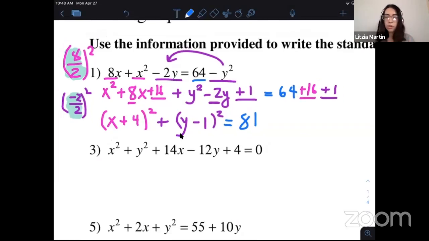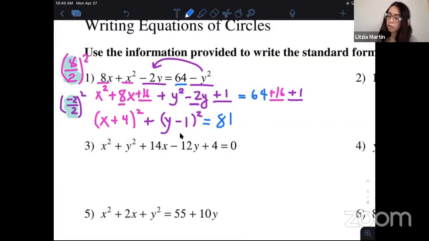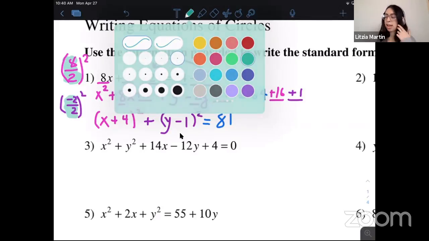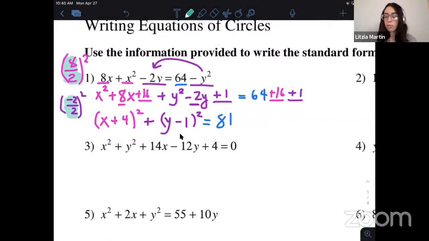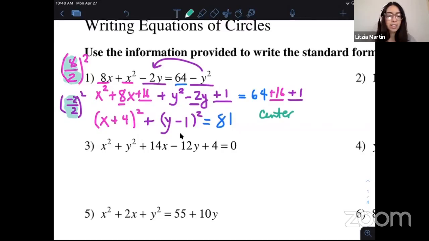And we're going to go ahead and take it one step further now that we're together here, and we'll find the center and the radius. Because why not? Let's do it. The center is going to be these two values there. But remember, think opposite.